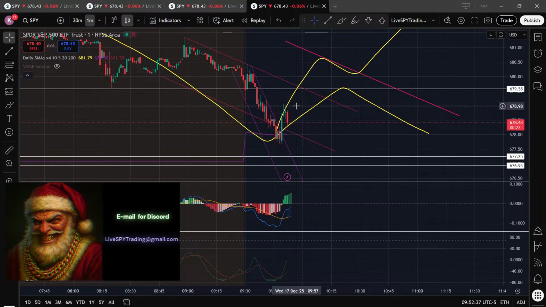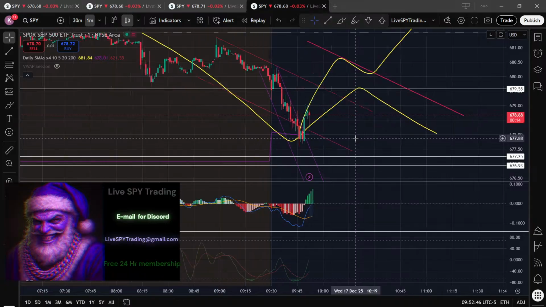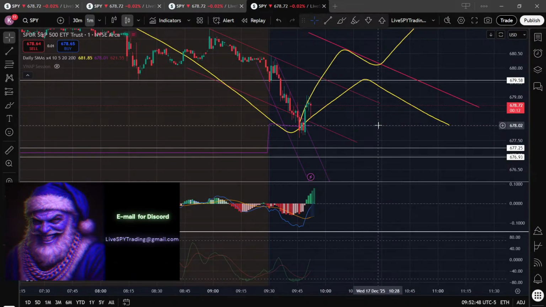Okay, let's see if this is going to be the continuation back to the 20. All right, if we get a weak bull cycle here, we're going to look for a retest of the 20.